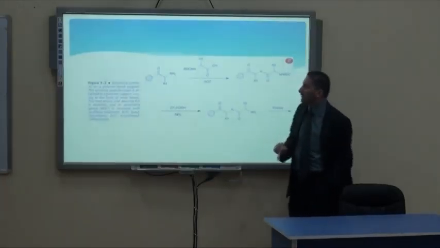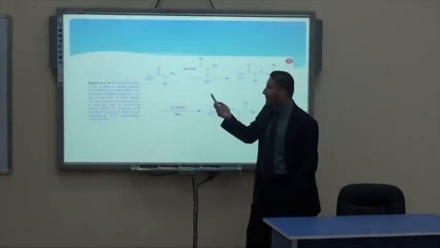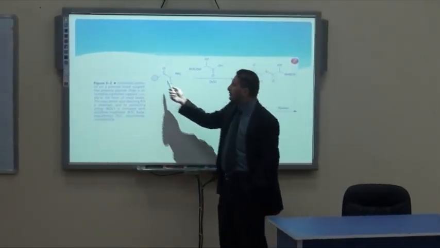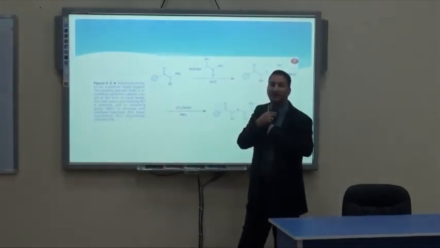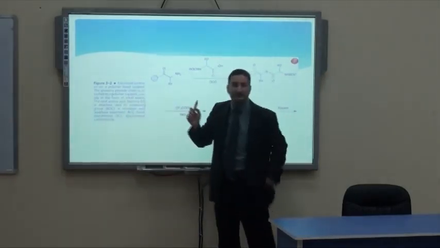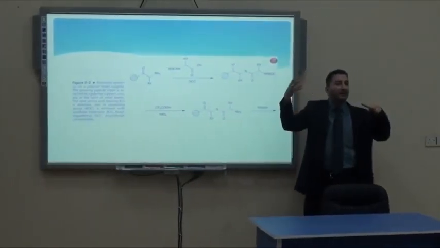Return back to our figure, Merrifield. Take one amino acid, protect the carboxyl terminal group by a small polymer bead support, and add another amino acid.